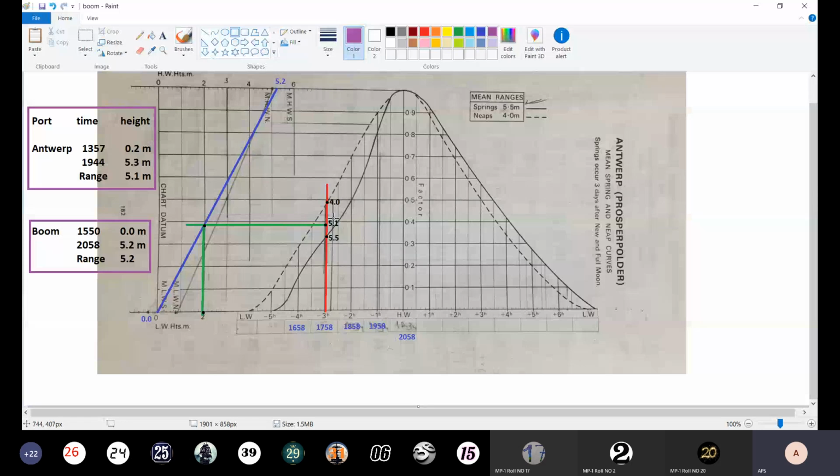So where will 5.1 come between this 4 and 5.5? You can find out with millimeters, or approximately visually you can put a dot, or you can check how many millimeters make up 1.5. So 1.1 will be how many millimeters? So from 4 you come down so many millimeters. So get that point 5.1 between this. Why 5.1? Because that is the range at standard port.